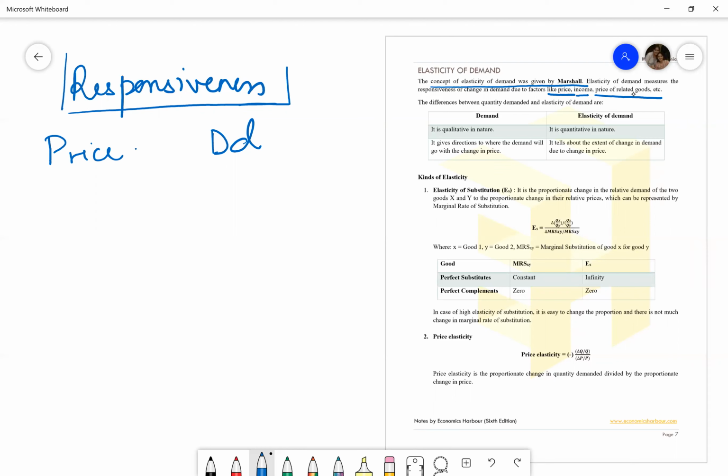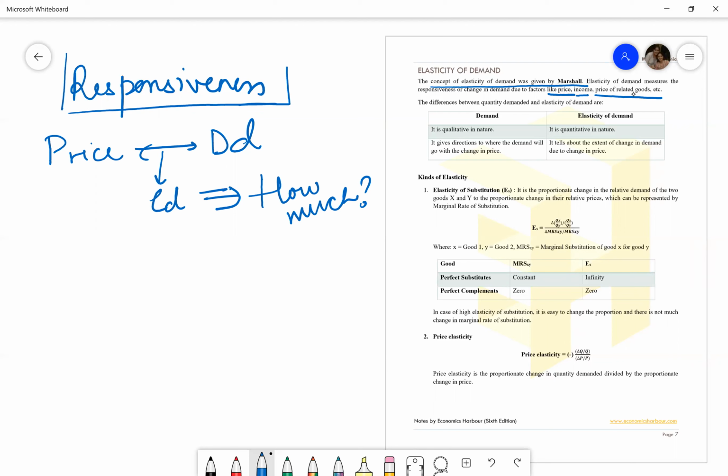This is reflected by the elasticity of demand. Elasticity of demand answers the question, how much? How much change will take place if you reduce the price, in the quantity demanded?